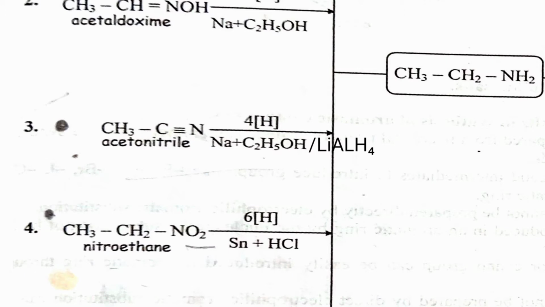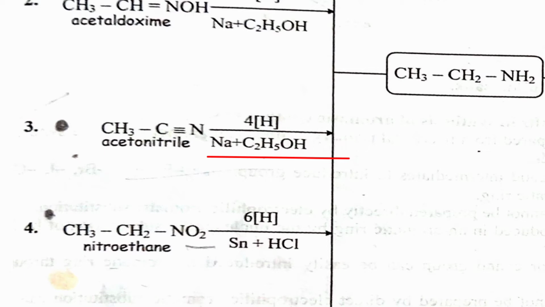Next, we are talking about the condition of the reaction. The reaction uses sodium plus ethyl alcohol or lithium aluminum hydride, LiAlH4. If we consider either of the two, the alkyl amine will be developed.